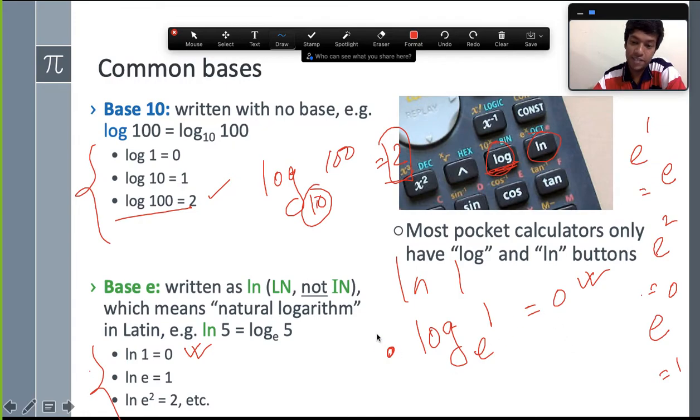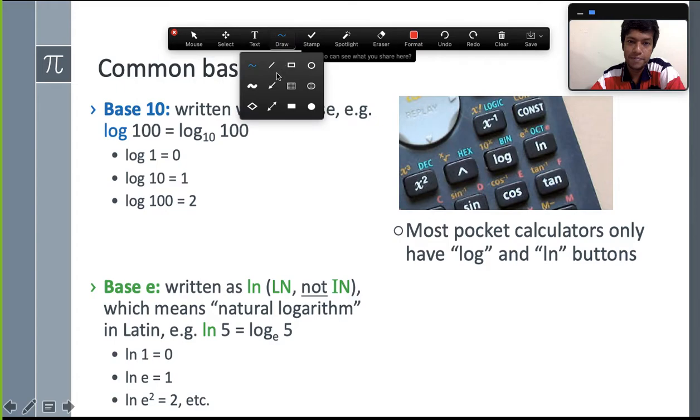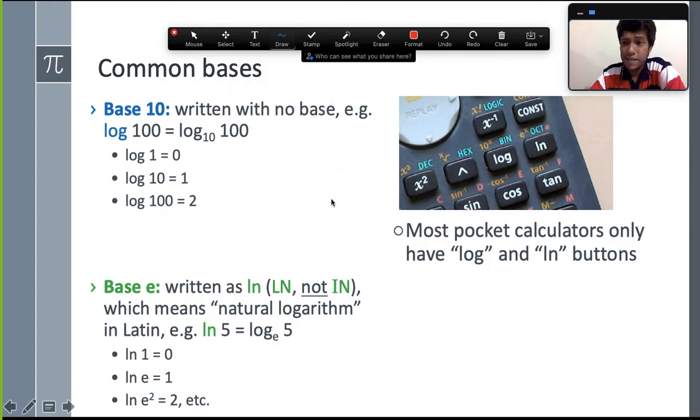And why I said this is important and to look at this carefully: this is not only true for base e of 1, it is true for anything. Let me show you. Suppose log base 2 of 1 equals what? What power of 2 will give you 1?